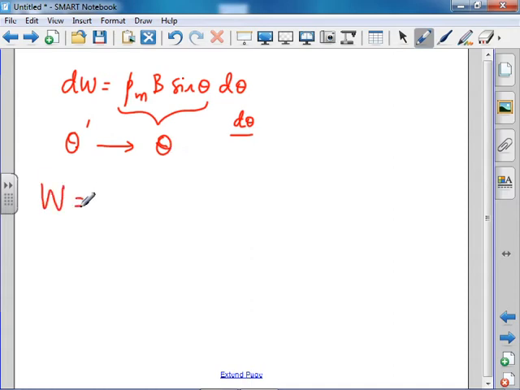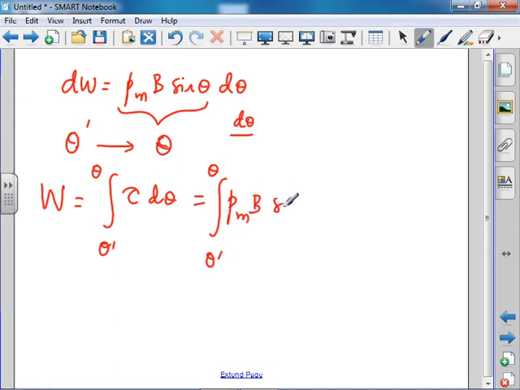So W is equal to the integral from theta dash to theta of tau d theta, and we substitute the value for tau, PMB sin theta d theta.